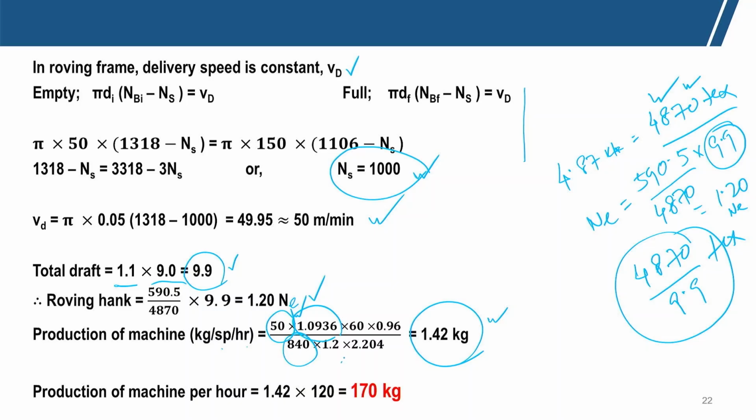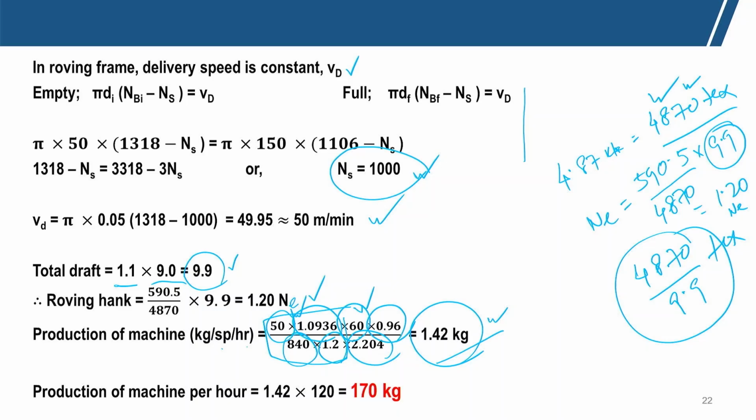With the English count we get pounds. Then dividing by 2.204 we get kg per minute, then multiplying by 60 we get kg per hour per spindle, and multiplying by the efficiency we get the actual productivity in kg per spindle per hour.